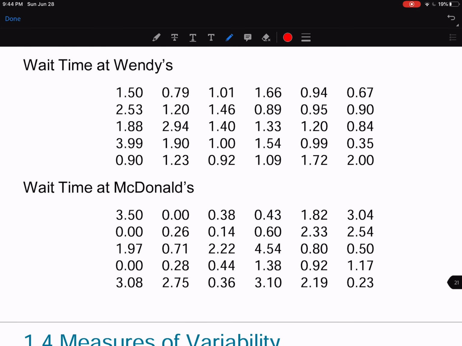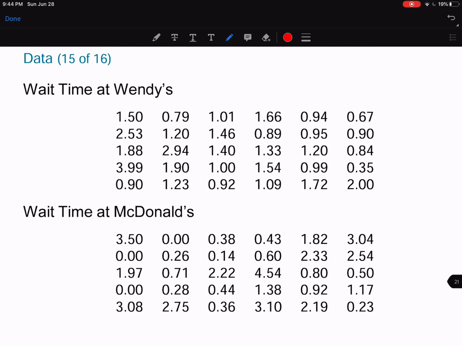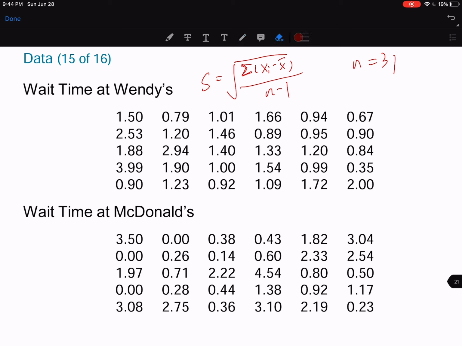If we want to calculate the sample standard deviation, we need to apply the formula s is equal to the square root of the sum of xi minus x bar squared over n minus 1. Of course, in this case, n is equal to 31, and we know that n is 30. Sorry.